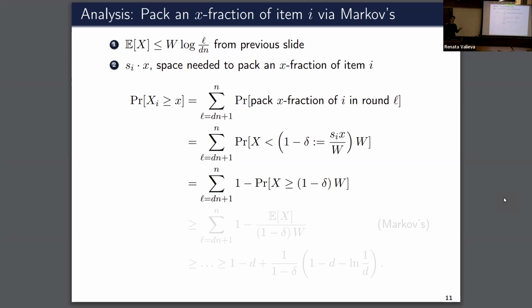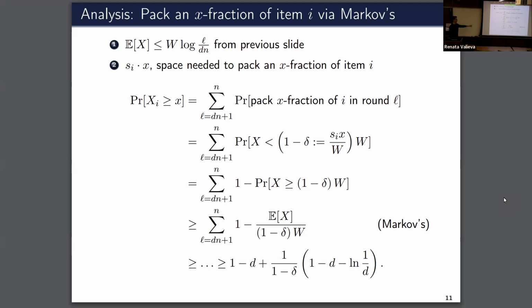So 1 minus the probability that we are using more than 1 minus delta W capacity. And we get the expectation we computed before over 1 minus delta W. And then we can actually sum this up and obtain a closed formula that is that quantity there.